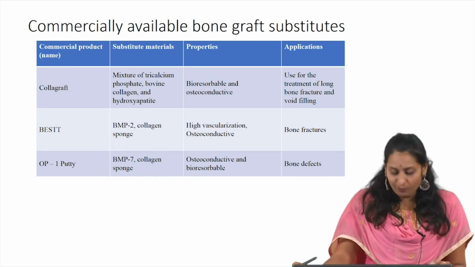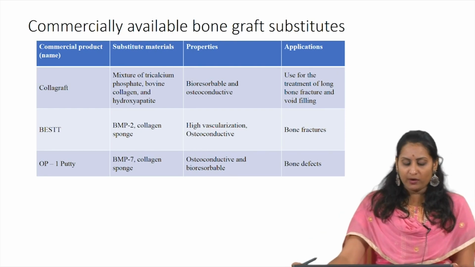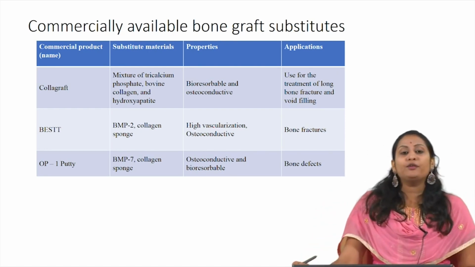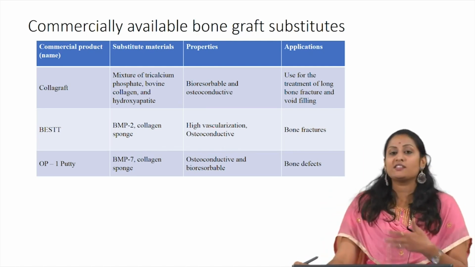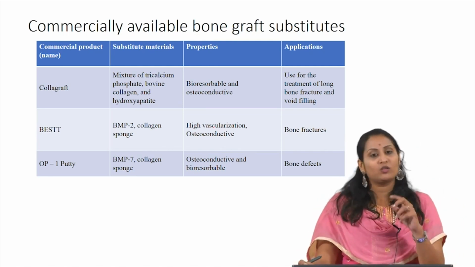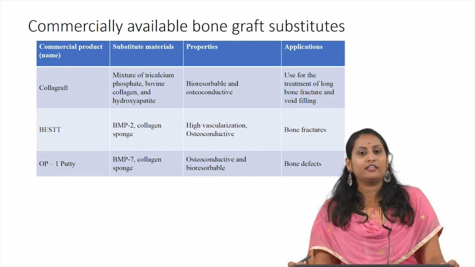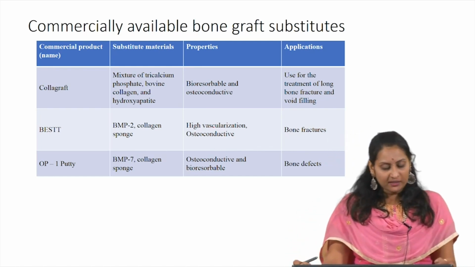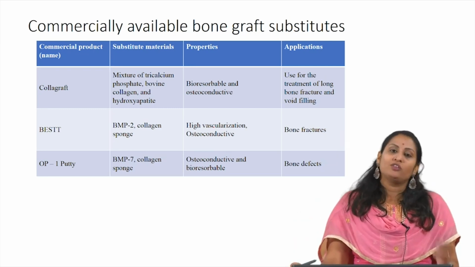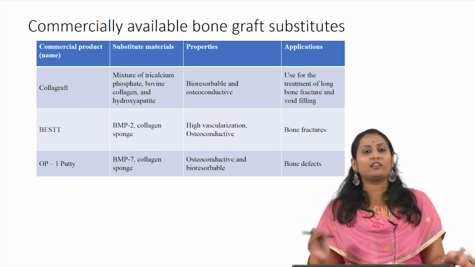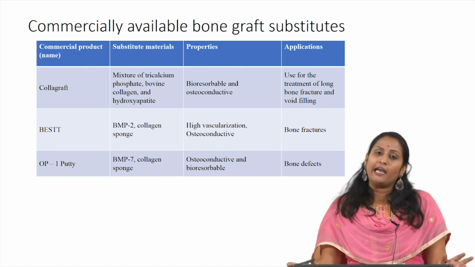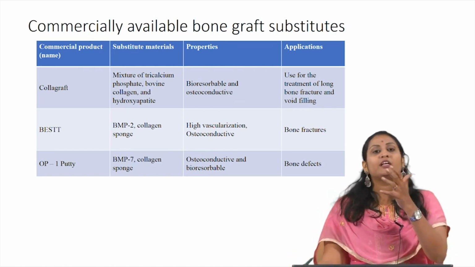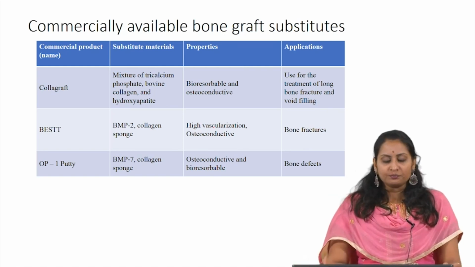These are FDA approved: BMP2 along with a collagen matrix, which highly enhances vascularization, is osteoconductive, and helps in healing of bone fractures. The next one is OP1 putty, which is BMP7 with a collagen matrix, osteoconductive and bioresorbable. It helps in the healing of bone defects.